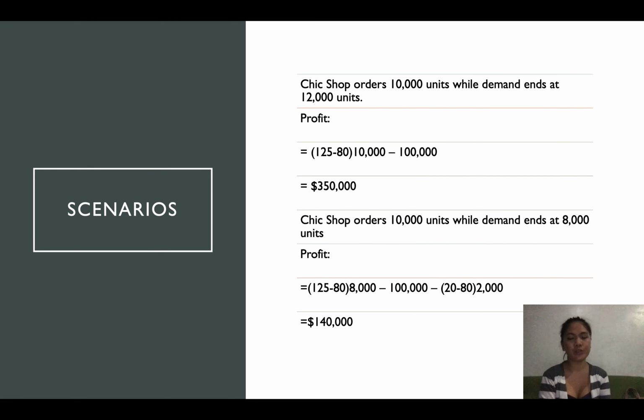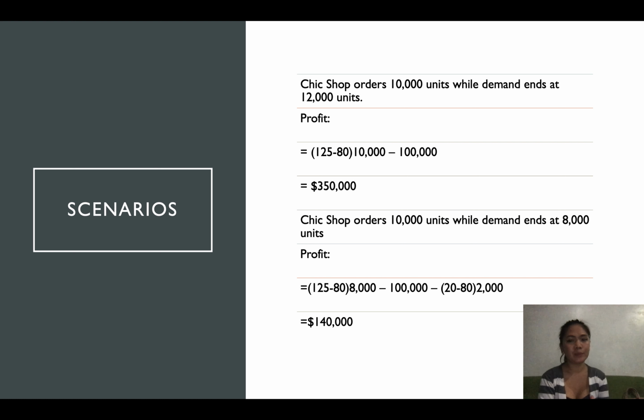Although the buyers do not know the exact demand ahead of time, the probabilistic forecast indicates that it could be between 8,000 to 12,000 suits. Thus, there is no sense in ordering fewer than 8,000 suits or more than 12,000 suits. When the shop orders the number of suits demanded, it will earn a profit of $125 less the variable cost of $80 and the fixed cost of $100,000.